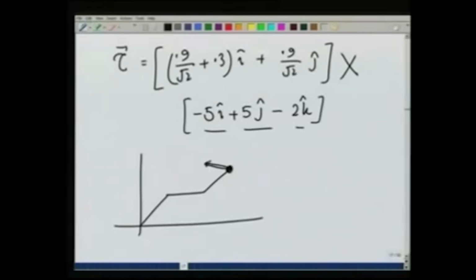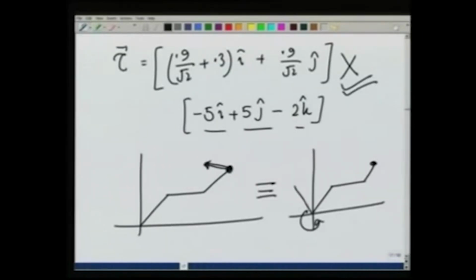This force system on this is equivalent to, on the same gear handle, as if we are applying a torque here of the amount calculated here and a force, the original force, which is minus 5 I plus 5 j minus 2 k. So, this sort of concludes an introduction to moments, couples, and finding equivalent force and couple systems given a force about a particular point.